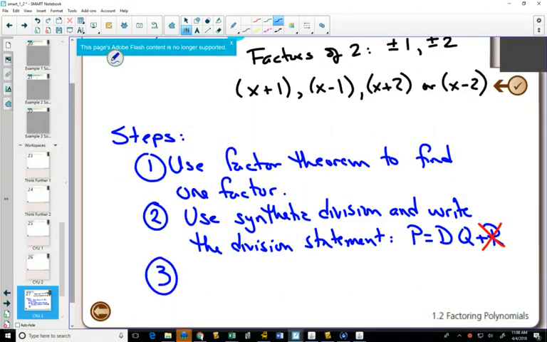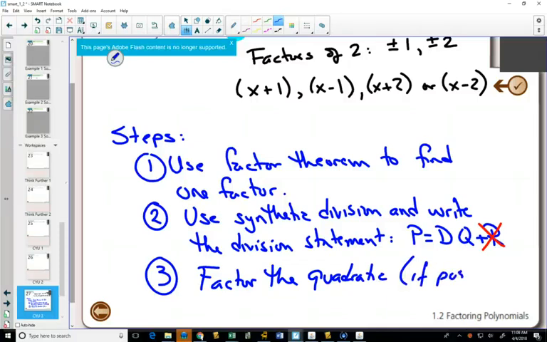Once you've written your division statement, you may be close to done. If your quotient that's left is a quadratic, you can factor that quadratic if possible.